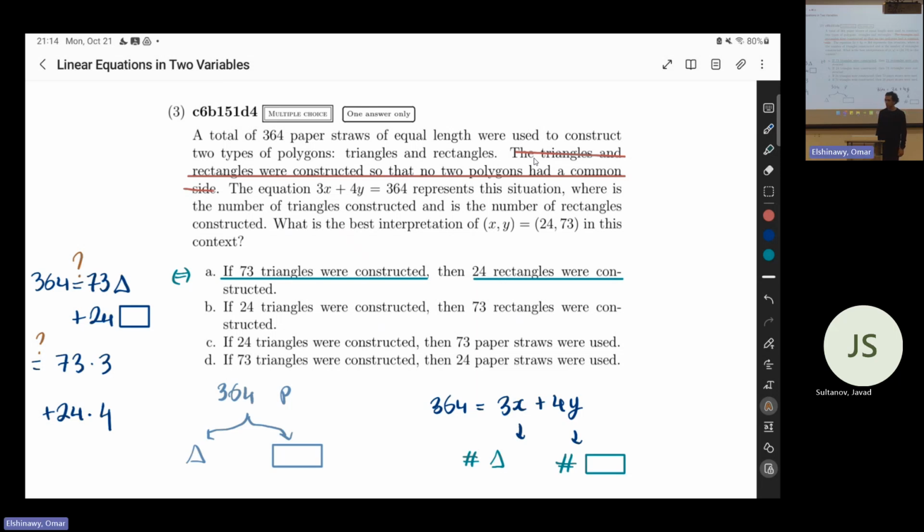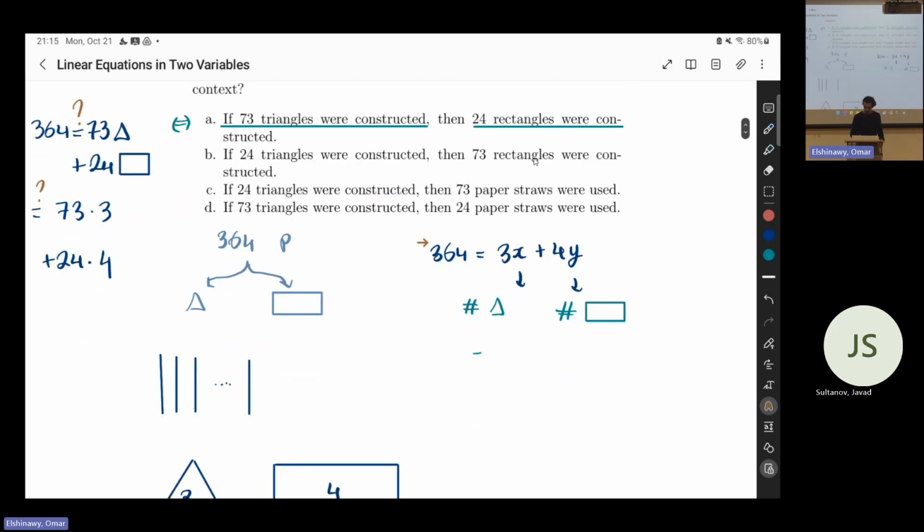I thought since it said 3X plus 4Y, Y would be for rectangles and X would be for triangles. And you are correct. This is what we're saying here. I'm just doing it in a different way.